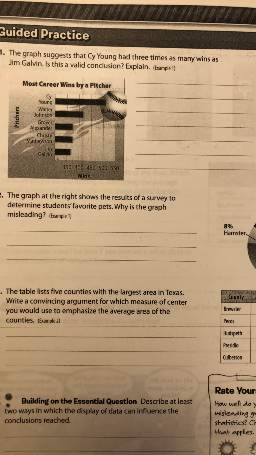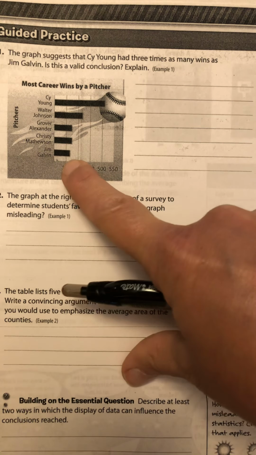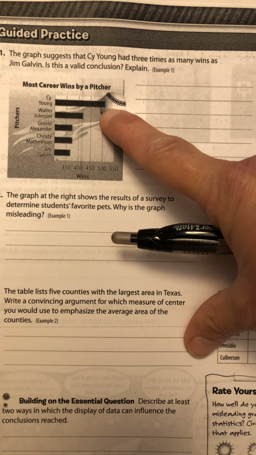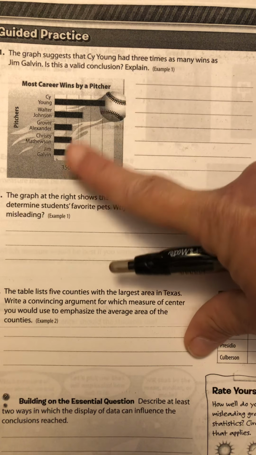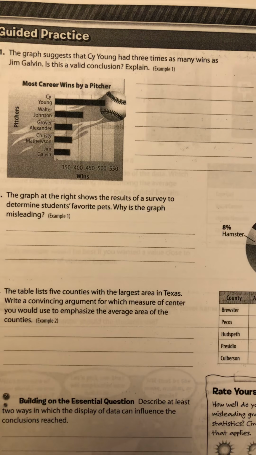So when I look at it, Jim Galvin is at about 370. Cy Young is about 510. That's not 3 times the difference, but looking at the graph, it looks that way. So it is misleading.